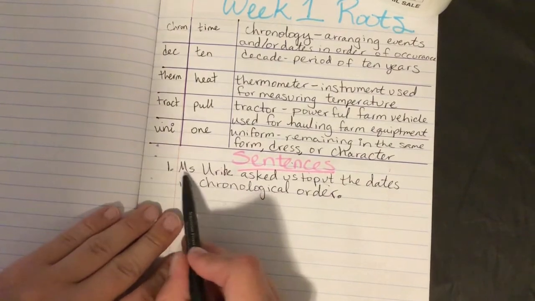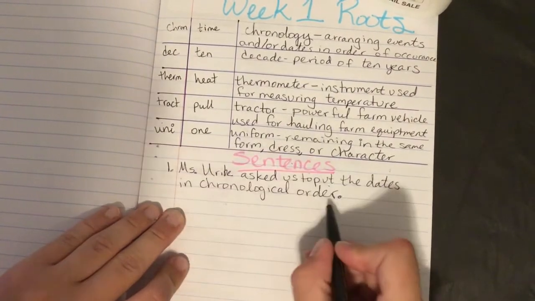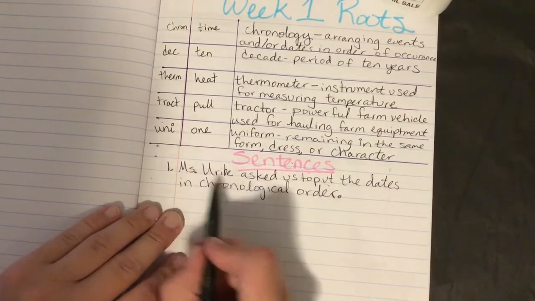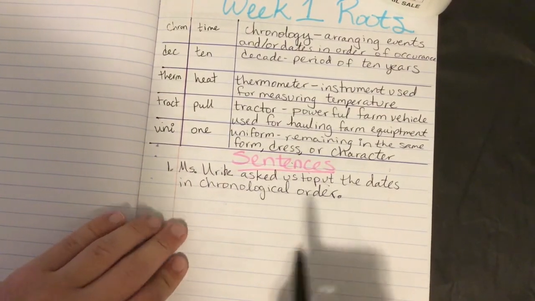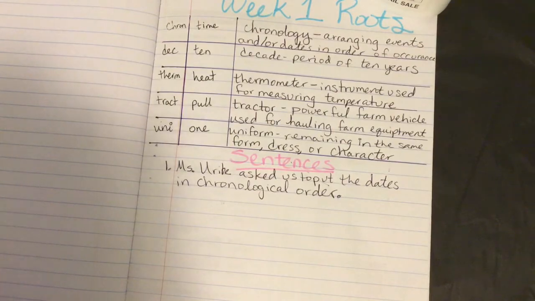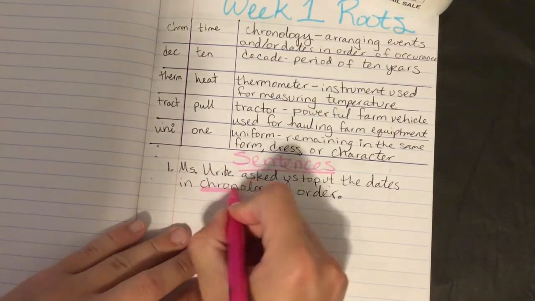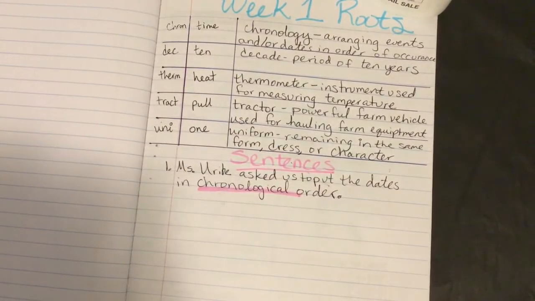Note that I have a capital letter at the beginning, a period at the end, a subject, Miss Uribe, a predicate, asked. Now for the last step, make sure that you underline your example word. So in this case, it's chronological. This will help me as I come around to check on your sentences.